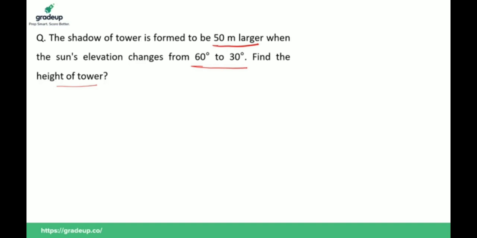Okay, guys, I will solve it for you. Let's start this solution.